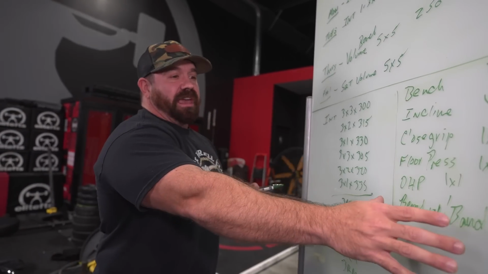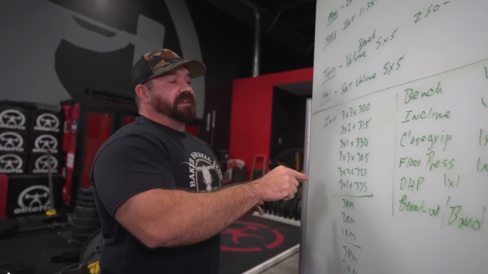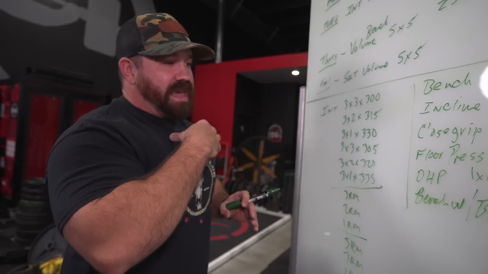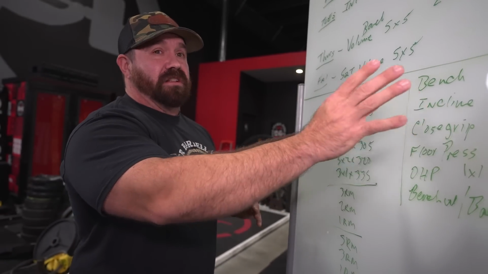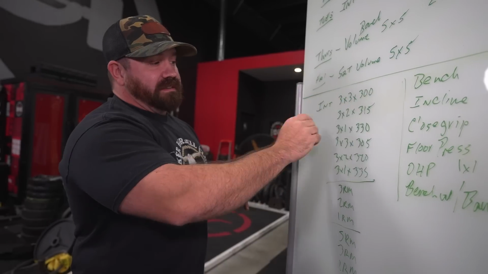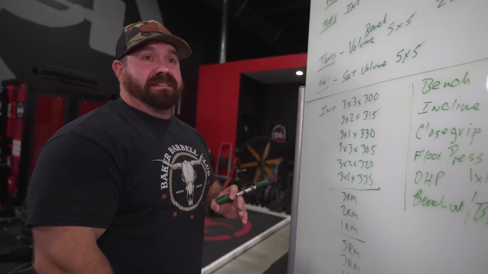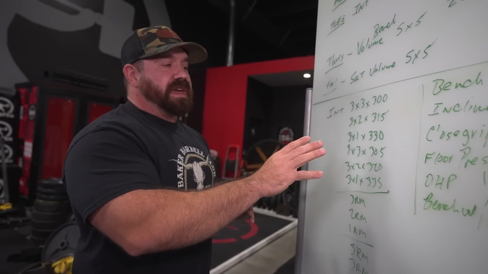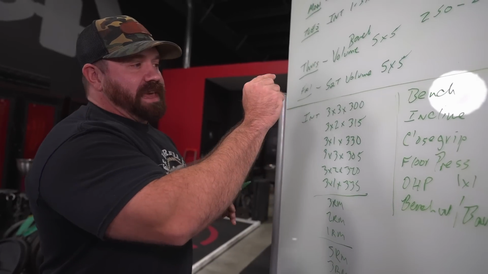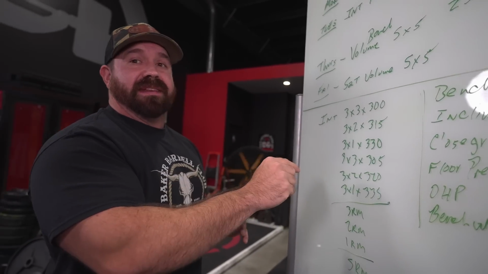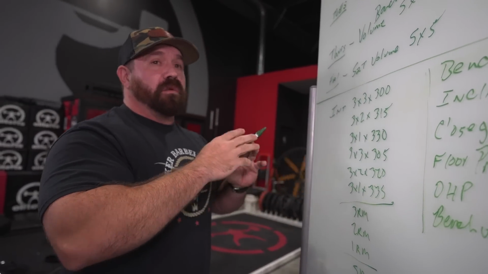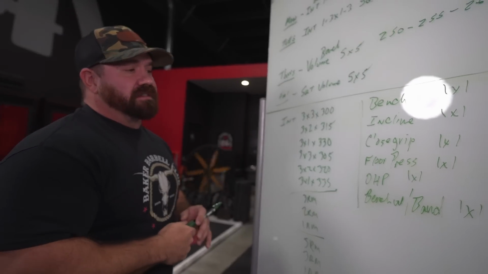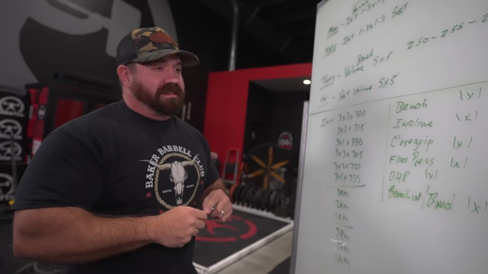I can tell you, as somebody who does both for a whole lot of people, that Conjugate, to me, is not any more complicated and in some ways is a lot easier to program than the more basic stuff, because the more you repeat the same exercises over and over again, the more precise you have to get with your sets, reps, volume, and intensity. It's easier to overtrain on those lifts when you're doing them more often. So Conjugate, even though you're doing different exercises all the time, takes a little bit of the complexity out of it.